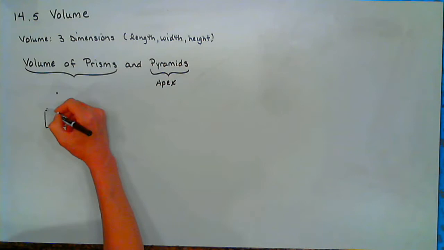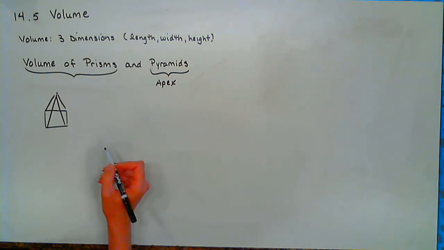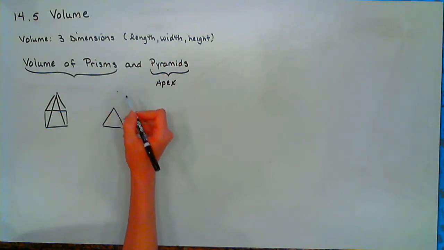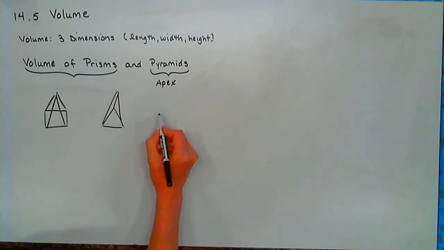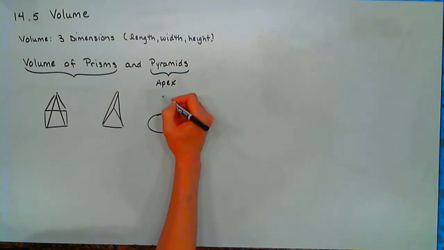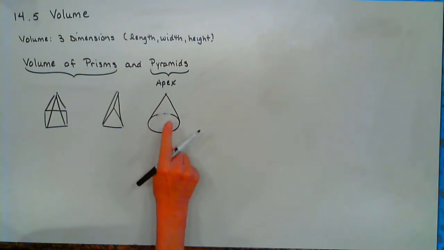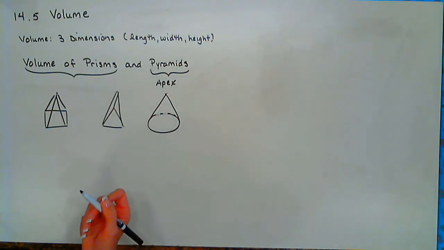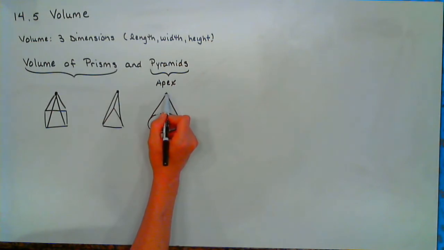There's the apex. Or we could have a pyramid with a triangular base. Here's the apex. Or we could have a pyramid with a circular base, which we usually call a cone. Any way we look at it, these all come to a point, that apex point.